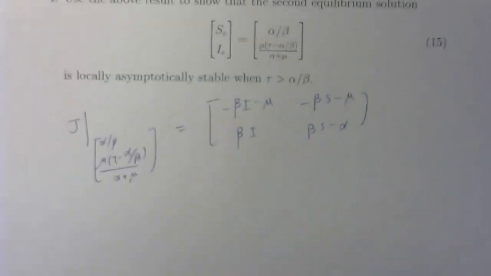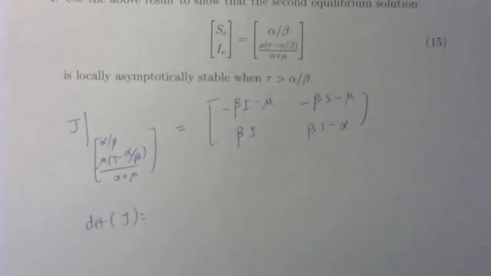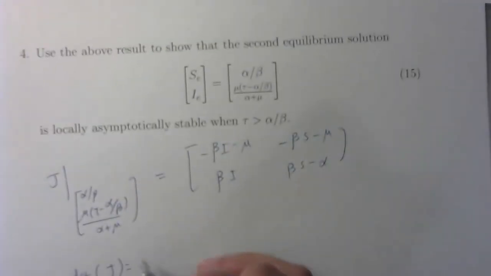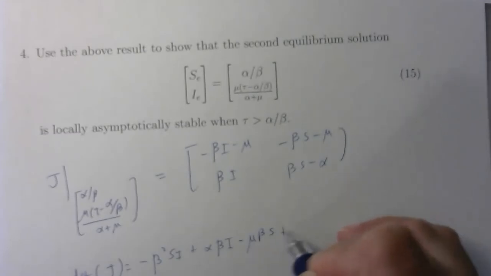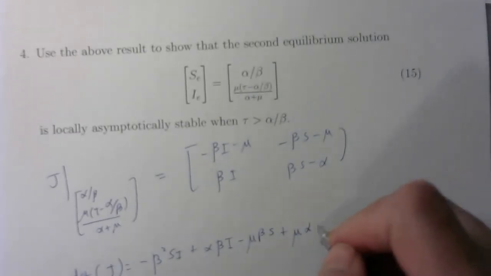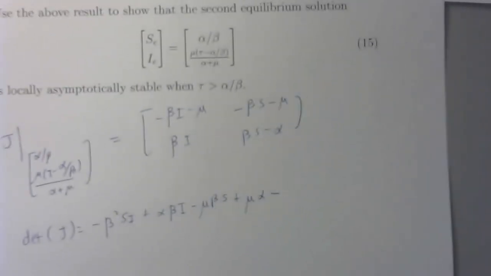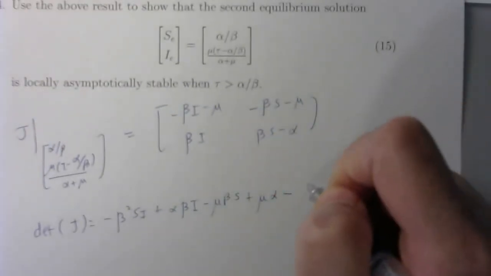So what's the determinant here? It's going to be this times this. So minus beta squared si plus alpha beta i minus mu beta s plus mu alpha. And then minus, oh gosh, I'm reading what you can't see, sorry. Minus, well, there's a minus and there's going to be these pluses.